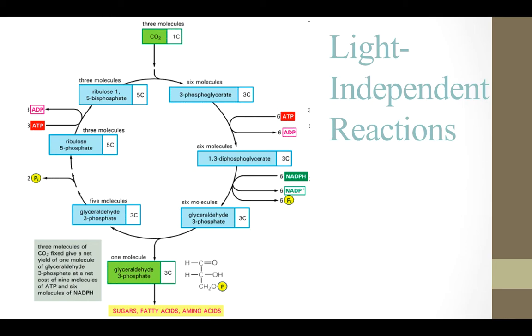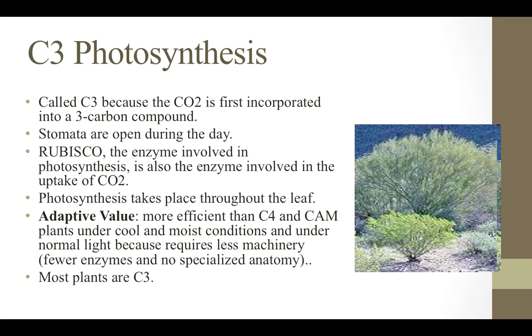It replenishes what's needed for the cycle. 3 molecules of CO2 fixed give a net yield of 1 molecule of glyceraldehyde 3-phosphate at a net cost of 9 molecules of ATP and 6 molecules of NADPH, which is not much because, as we know, in cellular respiration we can get up to 36 to 38 molecules of ATP. So we're still at a net energy gain.